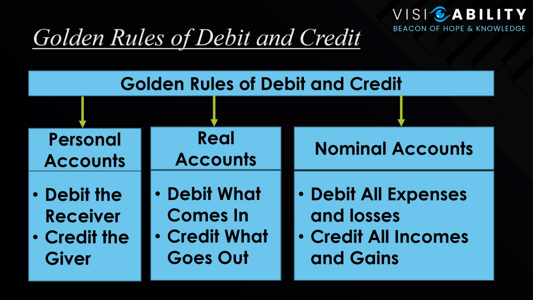Or if, according to the transaction, he is a giver, he or she would be credited. Now, what applies to a natural person applies to the rest of them in that particular category.